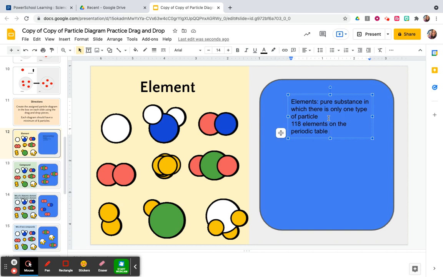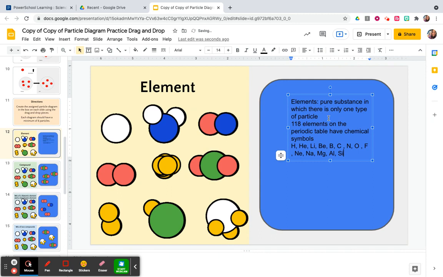So the 118 elements on the periodic table have chemical symbols. So things like hydrogen, helium, lithium, beryllium, boron, carbon, nitrogen, oxygen, fluorine, neon. Sodium is next. Magnesium. Okay, I could keep going down the list.